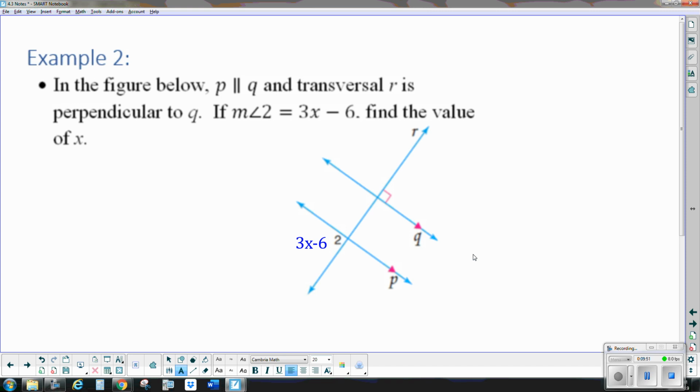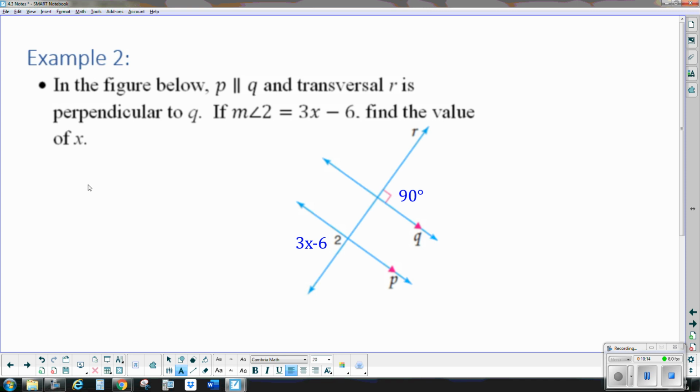So the first question I have is, what's the relationship between the given angles? Okay, so I know that R and Q are perpendicular, and perpendicular means that the lines intersect at a 90-degree angle. This angle is marked as a right angle, so I know this angle measures 90 degrees.